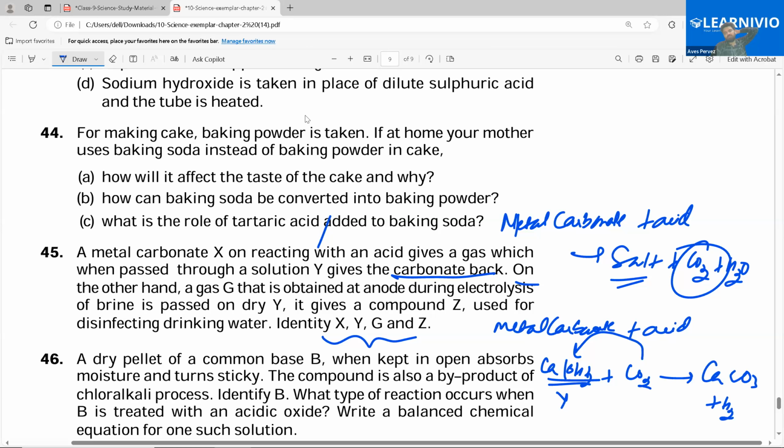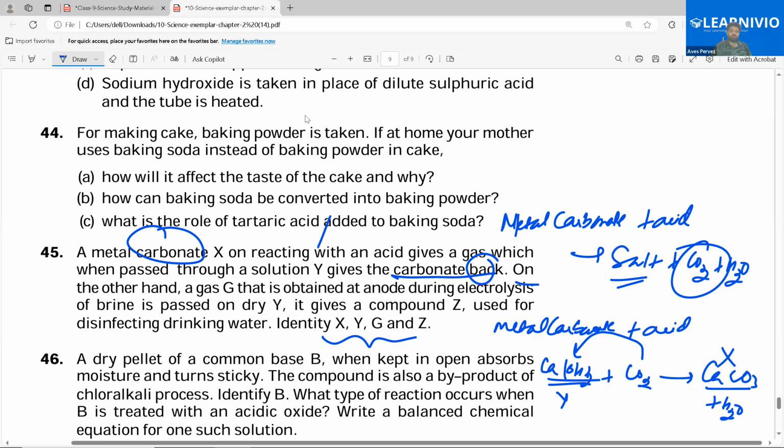So this is our assumption: if Y is calcium hydroxide, when we pass carbon dioxide to it, it will give you CaCO3, which is X, the metal carbonate back. Understood?